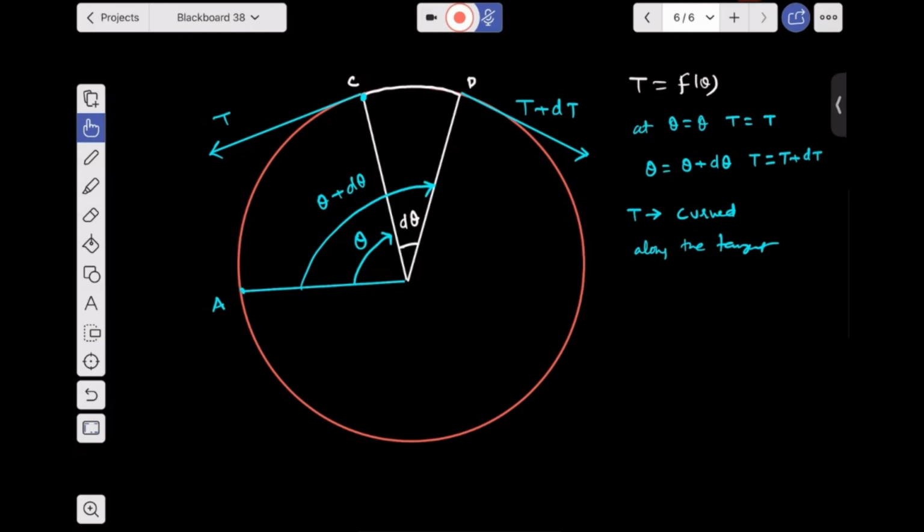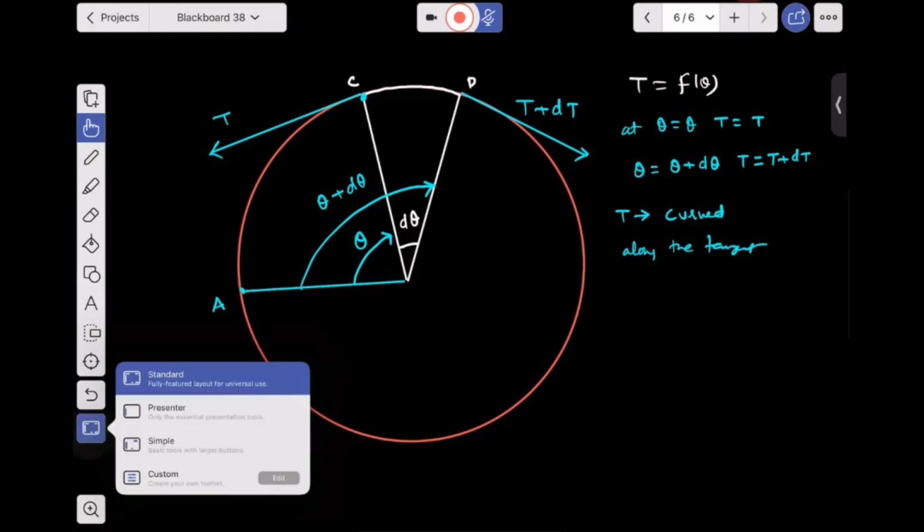What I will do is draw that small section CD, but just by drawing it bigger.